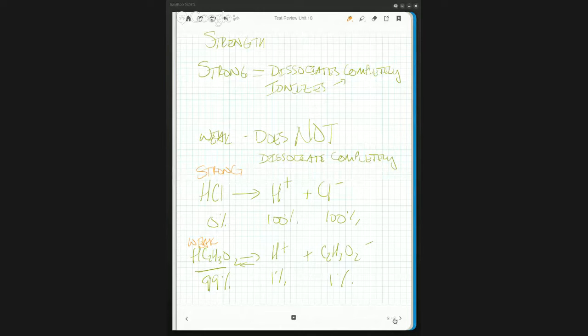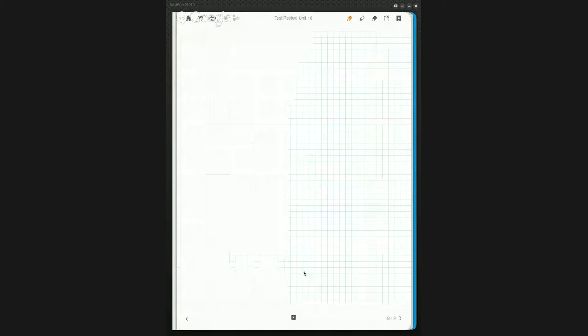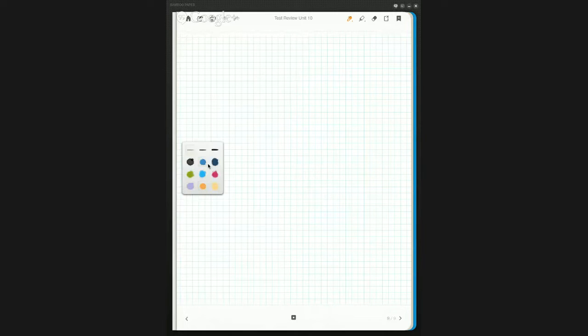And then, the last piece of this that is a real struggle for most students is talking about the Arrhenius definitions versus Bronsted-Lowry. Arrhenius versus Bronsted-Lowry. I don't write this very well.